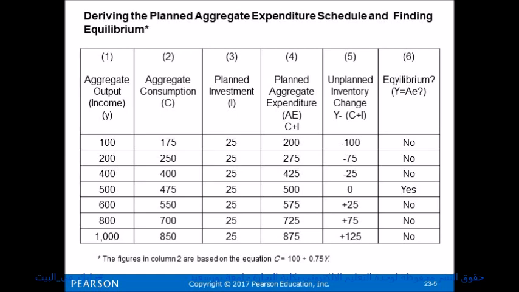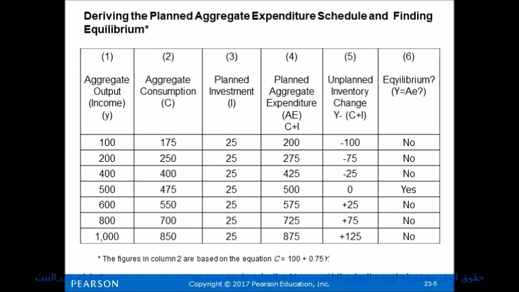The associated levels of consumption are 175 at a level of income 100, a consumption level of 250 at an income level of 200, and so on down to a level of consumption of 850 at an income level of 1000.